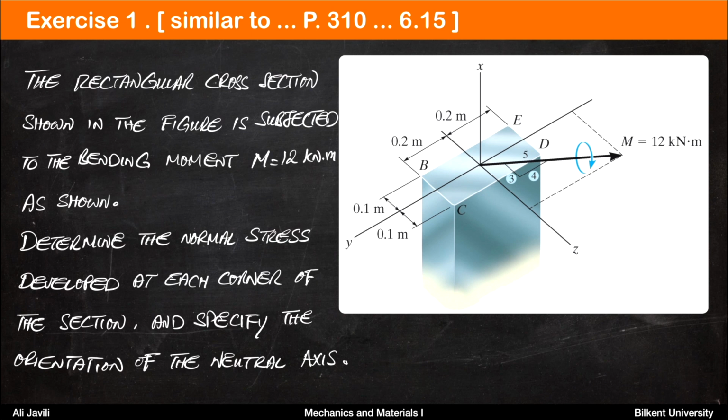So what we want to do is basically to calculate the stress distribution and then identify the value of stress to evaluate the stress at each corner, C, D, E, and B. And we also want to find out the direction of the neutral axis, basically finding the angle alpha.